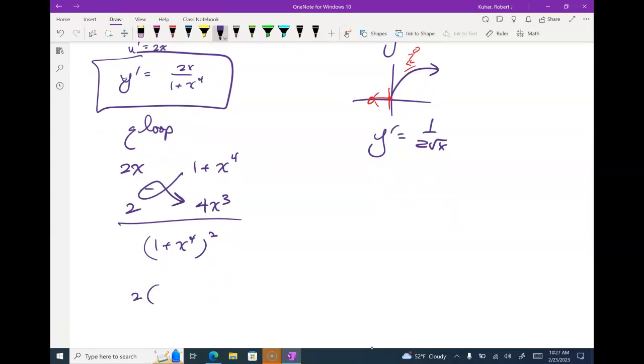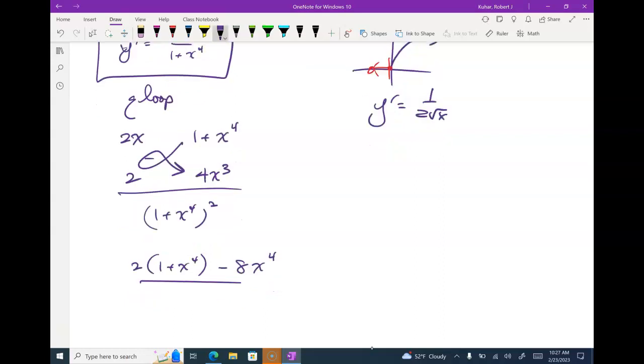I get 2 times 1 plus x to the fourth minus 8x to the fourth. Is that right? Yeah. Over 1 plus x to the fourth quantity squared. Second derivative. I want to work on that upstairs. What do I get?